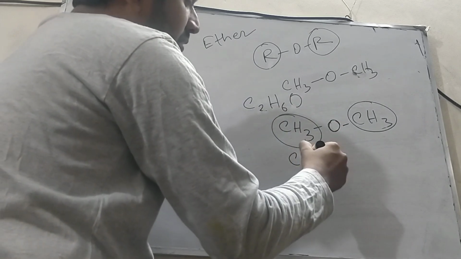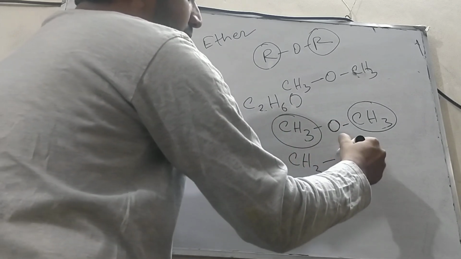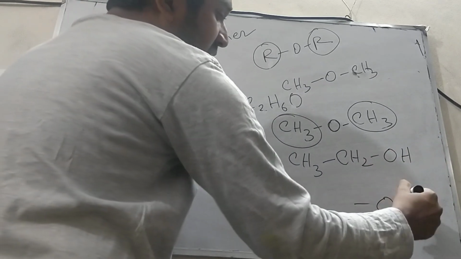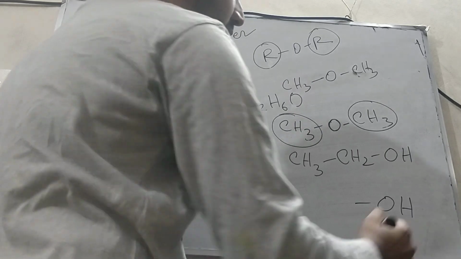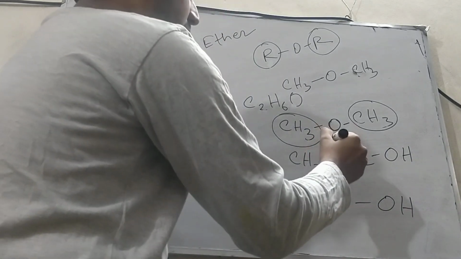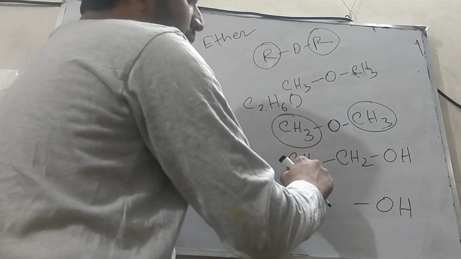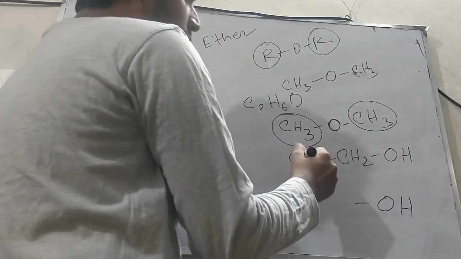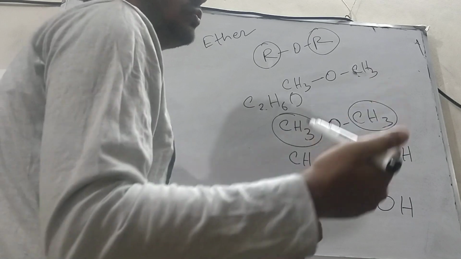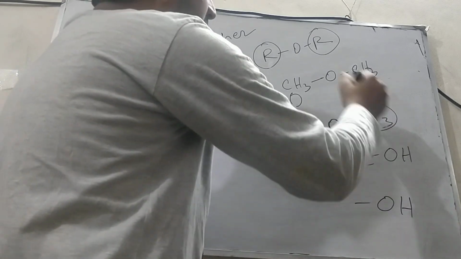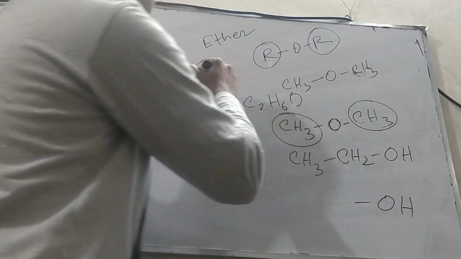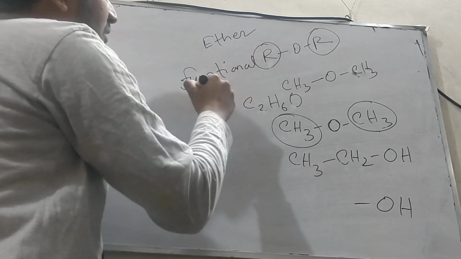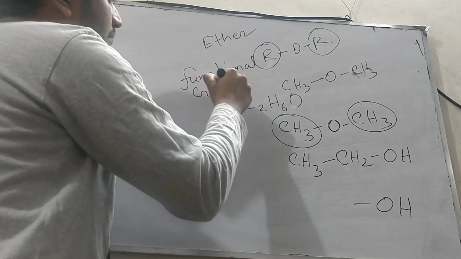And again, if we write CH3, CH2, and OH, you know that it's called alcohol. And there is also the same number of carbon, hydrogen, and oxygen. So the difference is in what? The difference is in the functional group.